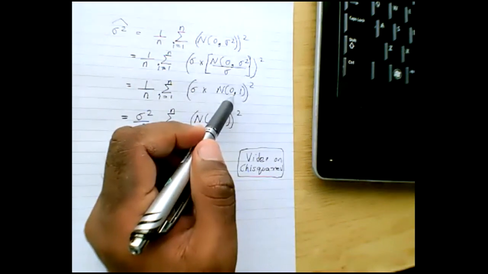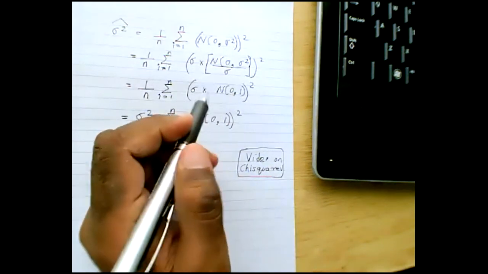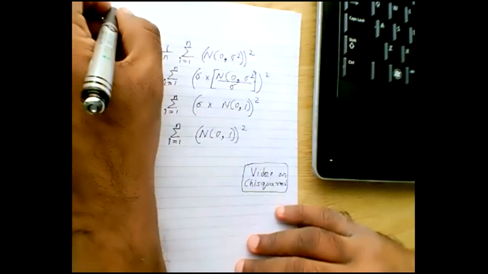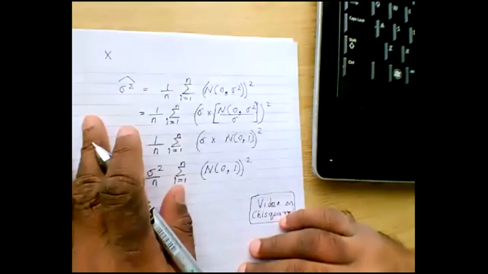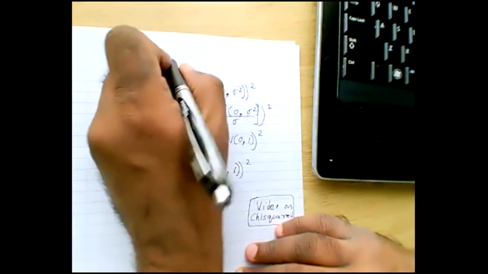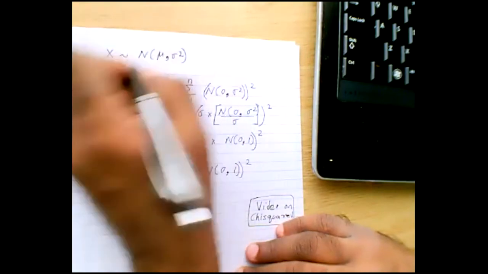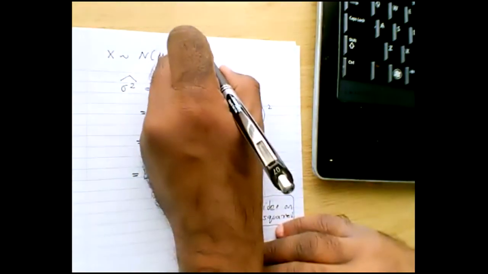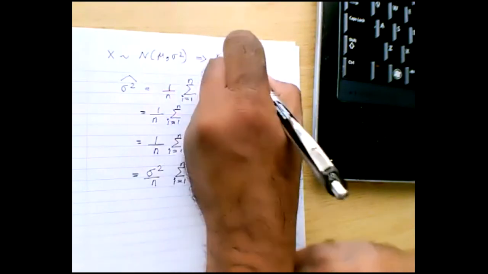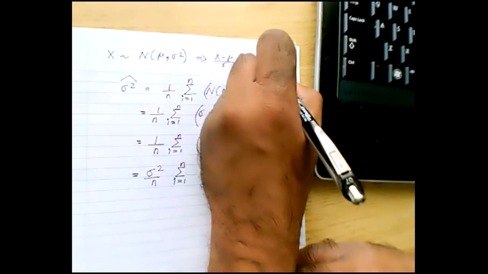Remember, to standardize something, say x, let me write it down here. You should have x, which is normal with mean mu and variance sigma squared, right? Then x minus mu divided by sigma is standard normal, right?